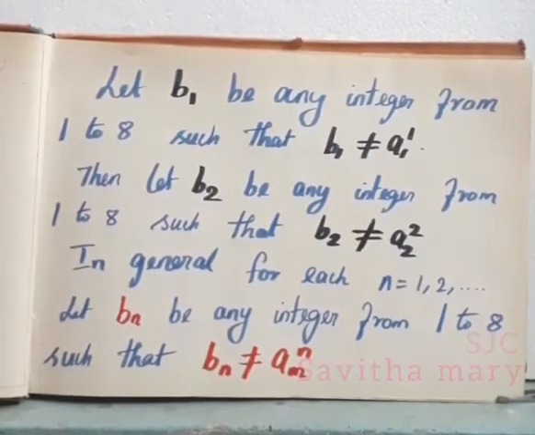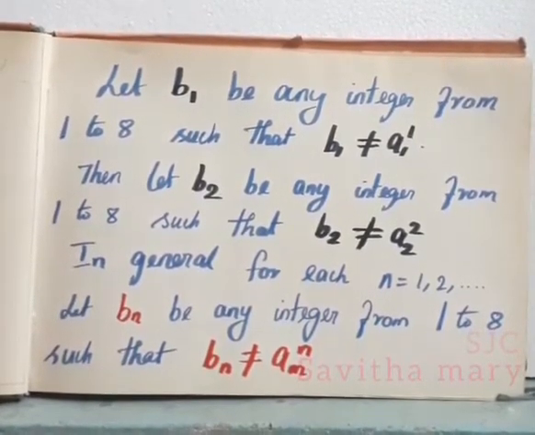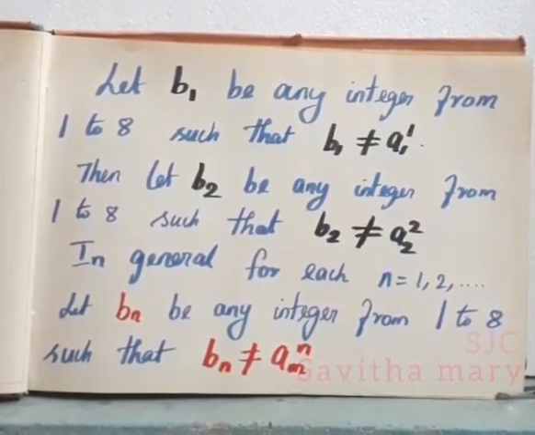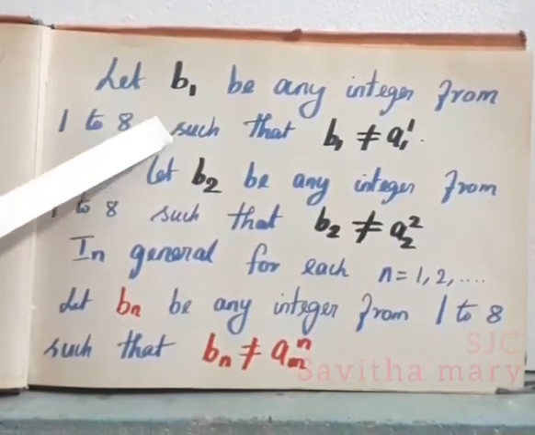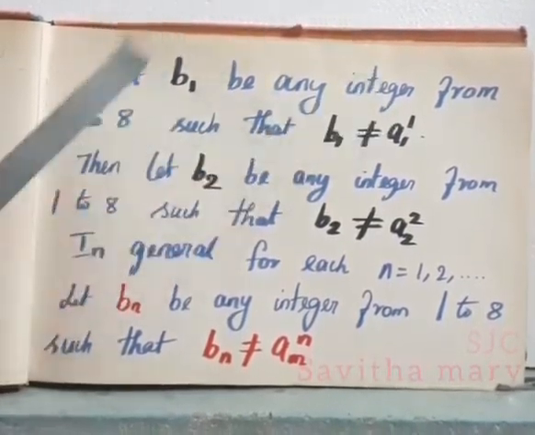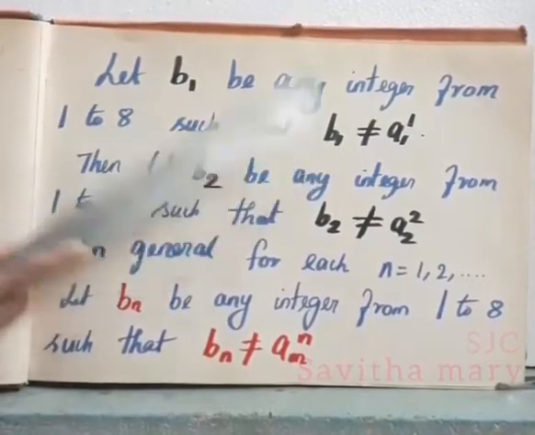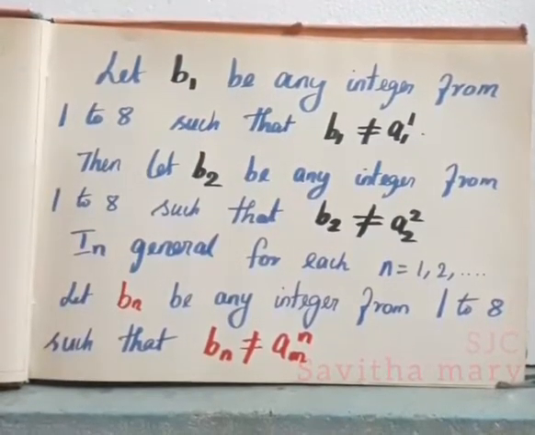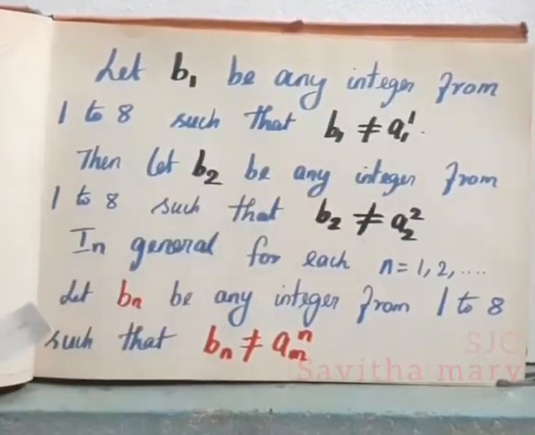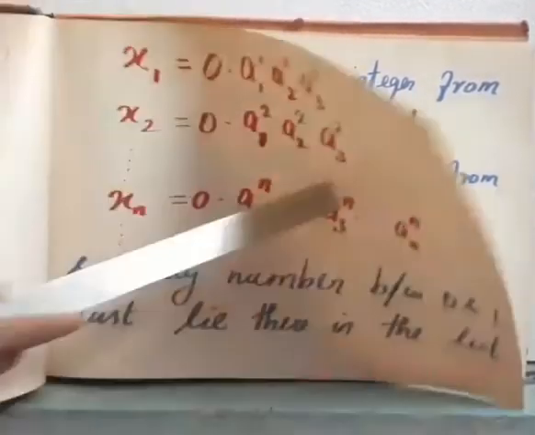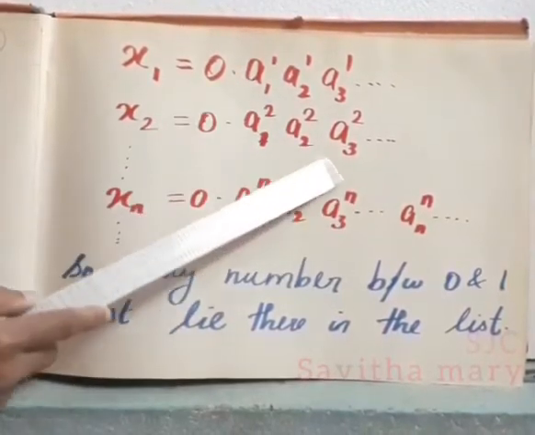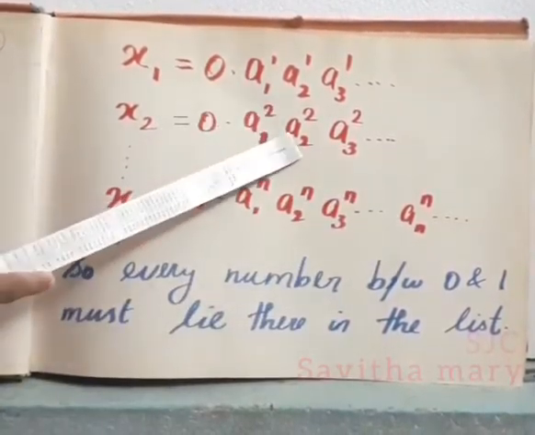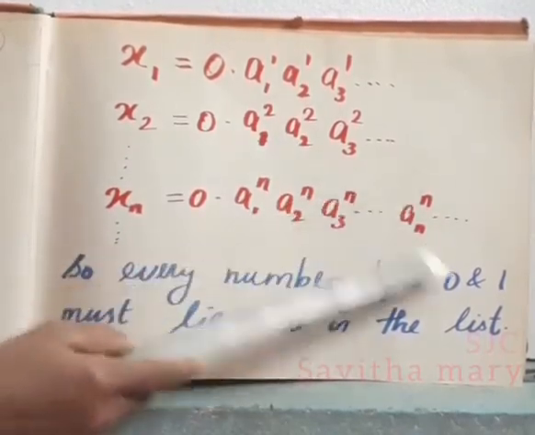For that purpose I define a number y equal to 0.b1, b2, b3 and so on, where b1 is chosen as any integer from 1 to 8 such that b1 is not equal to a11. Here a11 lies in the diagonal places of the array. We take the elements in the diagonal places a11, a22, a33 and so on, ann.